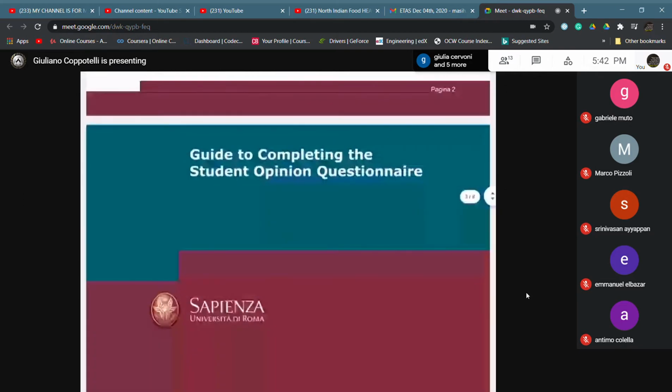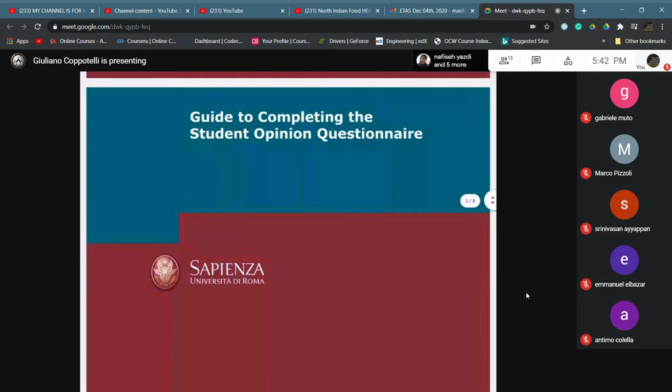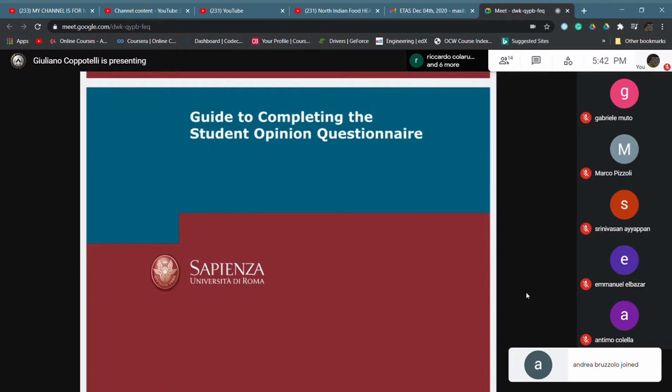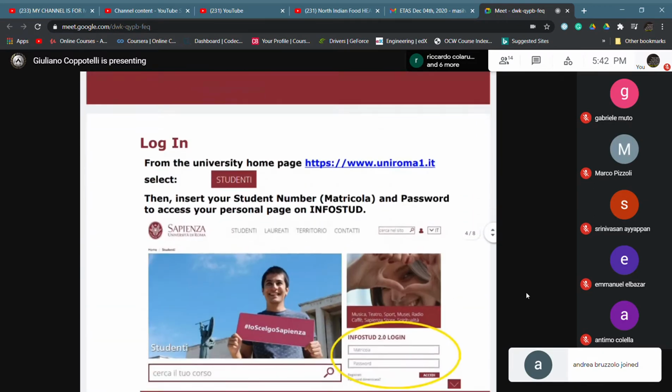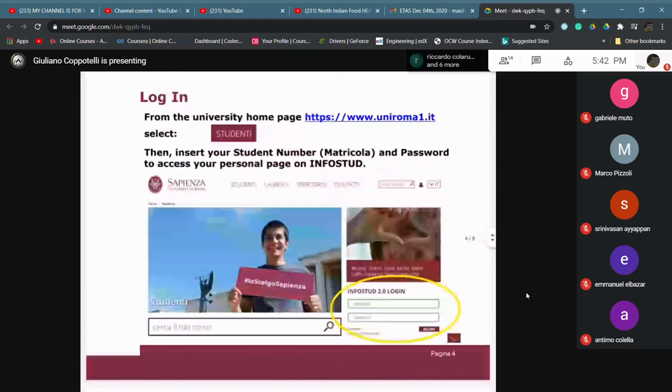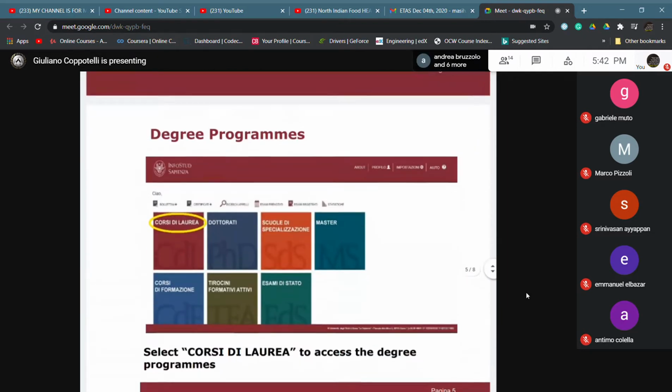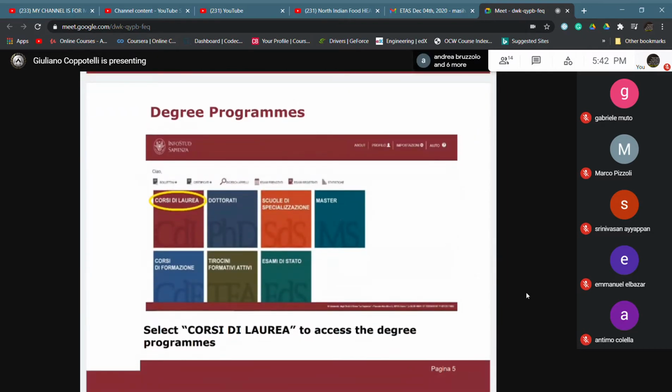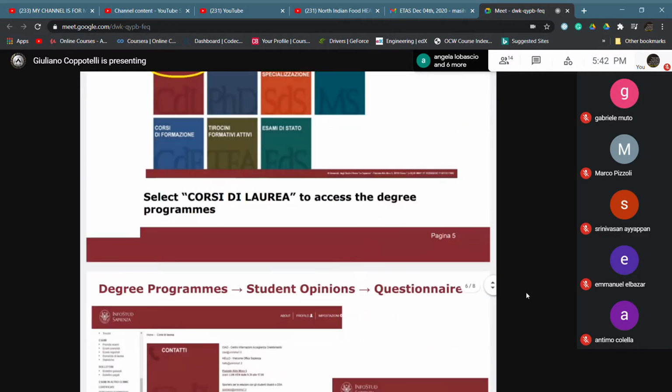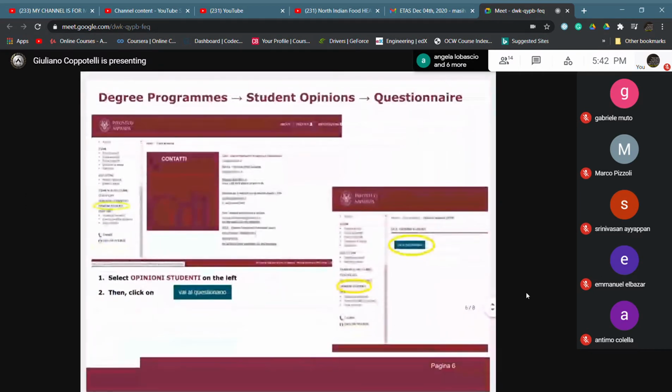Here is how you can enter. This is the login, so you have to enter with your InfoStud login details, matricola and password. Then you have to choose the degree programs, then select corsi di laurea, and then student options.